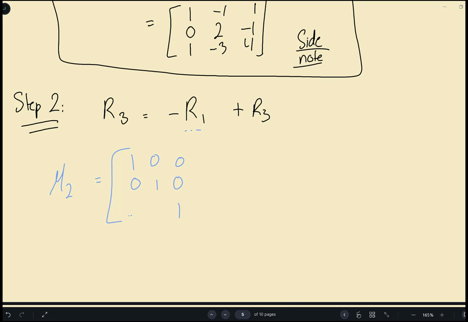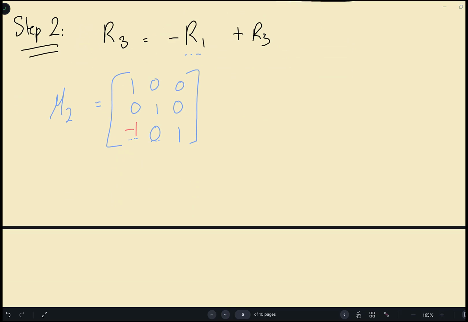So then we would use the first column. If we were using row 2, then we would use the second column. But in this case, we're using row 1 to change row 3. So then this would be a 0. And then whatever coefficient we have here, in this case, it's a negative 1, we would write here. And this would be our second elementary matrix.